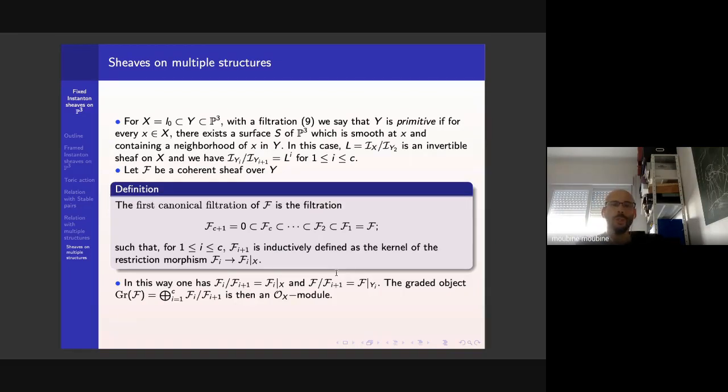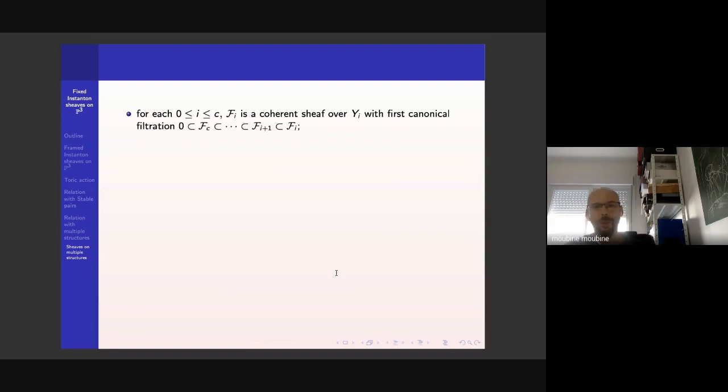Okay, so first some properties. Every sheaf in this filtration is supported on the ith multiple structure, the restriction to the ith multiple structure. If you have a sheaf and you restrict it to i less than c, the canonical filtration of this is just the truncation of the filtration.